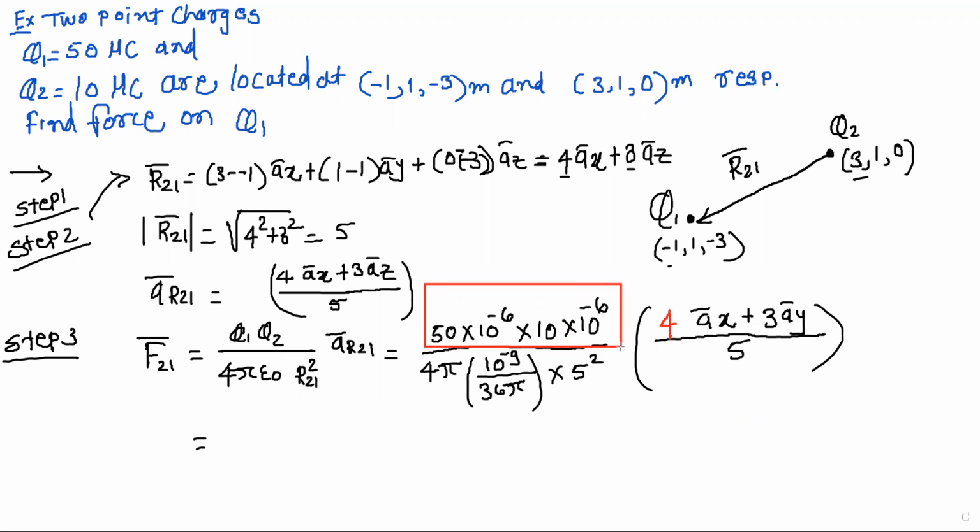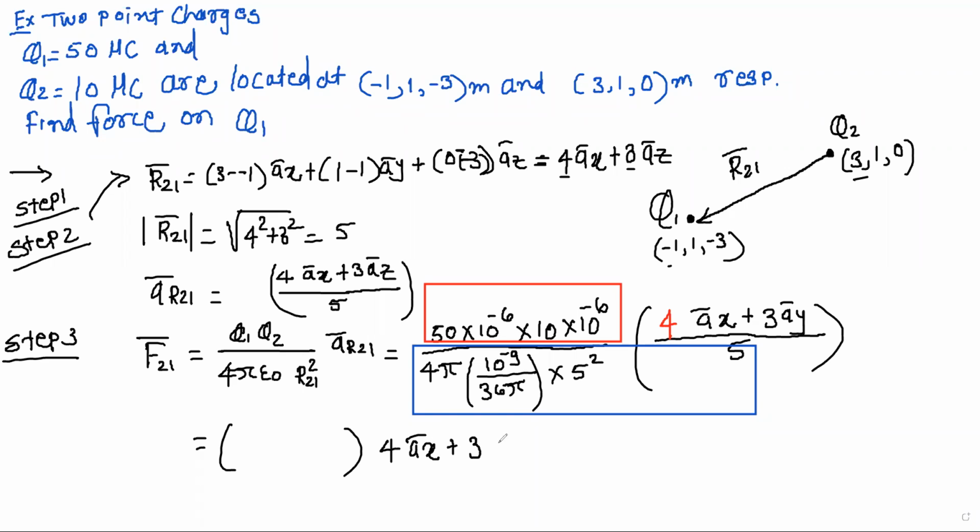See, I want this term divided by this term and the final value here. In this bracket, here I am going to write 4 a bar x, as it is 4 a bar x plus 3 a bar y. So tell me this bracket value.